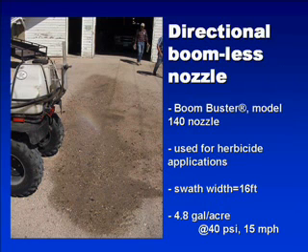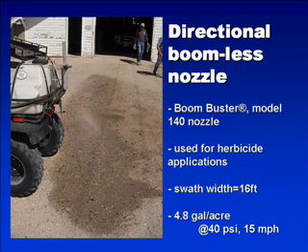Just a few examples of boom or nozzles that can be used on ATVs. We want to try to avoid the use of a boom sprayer because as you bounce and move through rangeland, oftentimes it's fairly bouncy, and boom sprayers really will provide a very poor level of application because they will be moving around, bouncing so much.